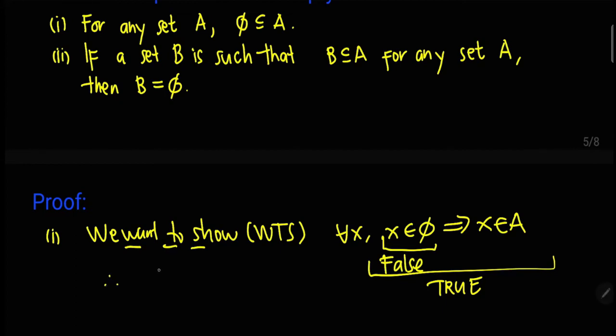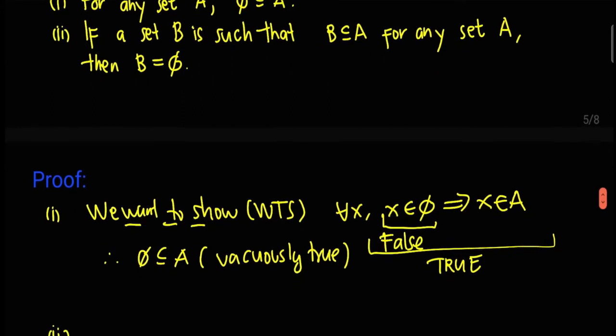So therefore, the empty set is a subset of A. That's vacuously true. Vacuously true meaning because of the premise being false, no matter what the conclusion is, it will always be true. That's why it's vacuously true.